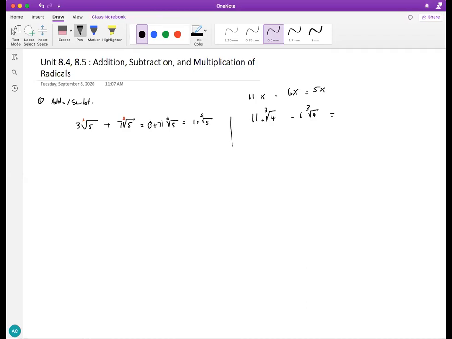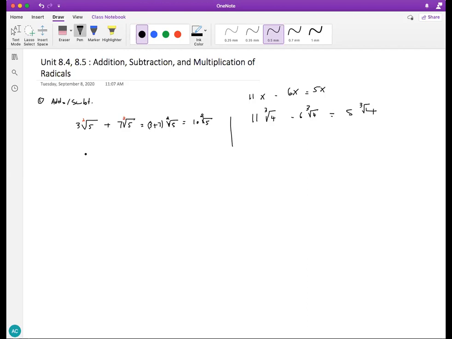When you have 11 and a radical, that means 11 times that radical, just like 11 times x. So this will be 11 minus 6, which is 5. And the index and the radicands don't change, so we have 3 and we have 4 here. Very important: whenever you add or subtract, you need to look at the index and the radicand.